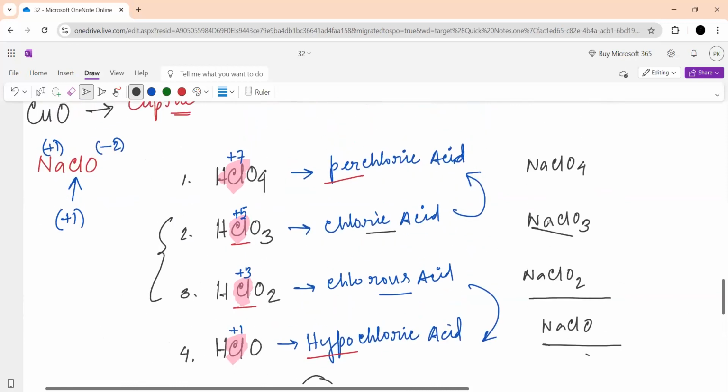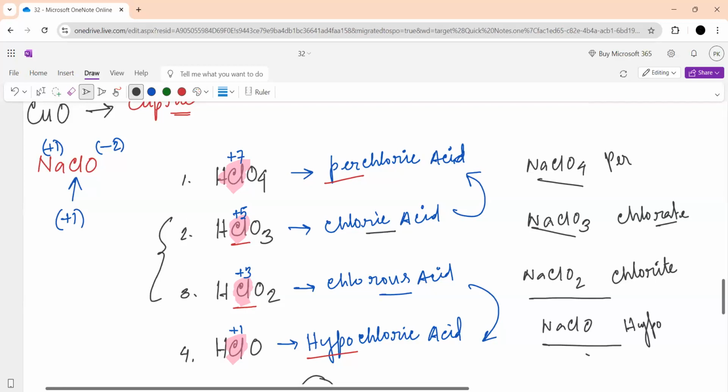This one is sodium chlorate. This one is sodium perchlorate.